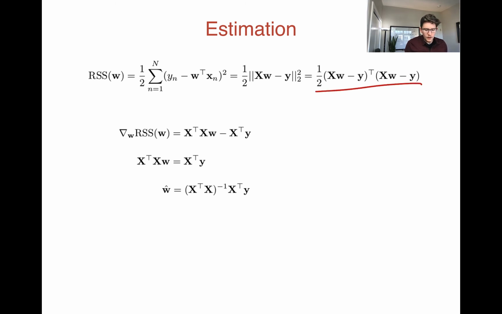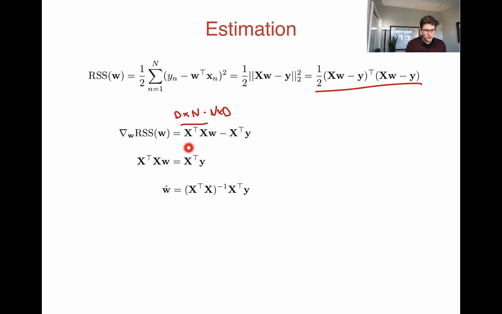We get one term that's the squared term, one term that's the y squared term, and one term that's the cross term, xwy. Note that when we take the derivative, the y squared term goes away because we're taking the derivative with respect to w. Then once we get the derivative, we get this thing, x transpose x w minus x transpose y.